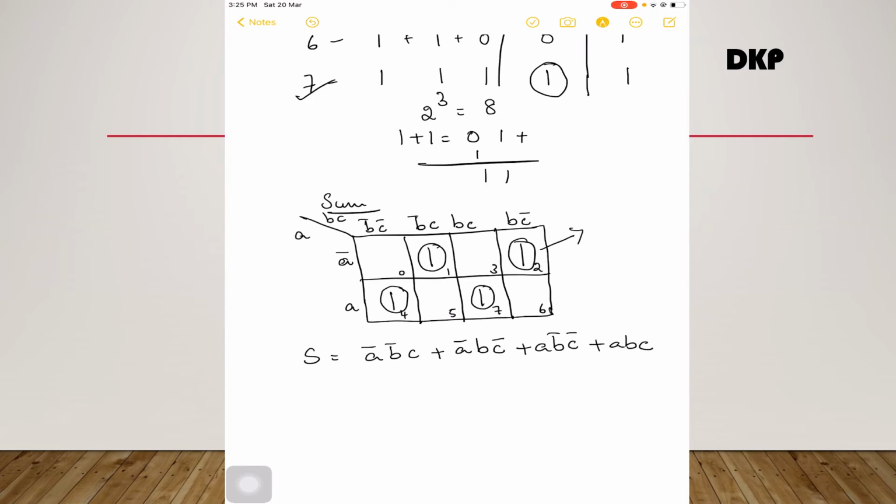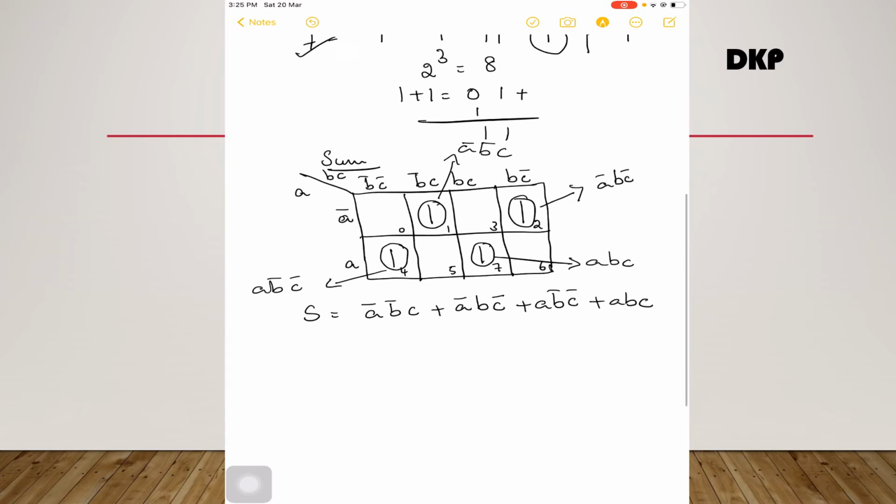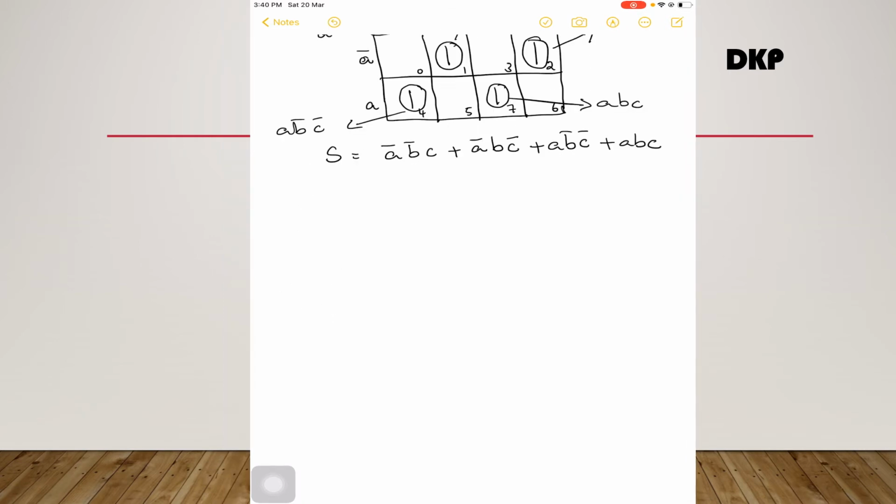This is A bar B C bar, this one is A bar B bar C, this term is A B C and this term is A B bar C bar.